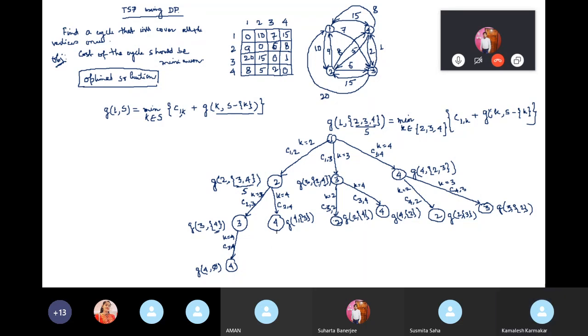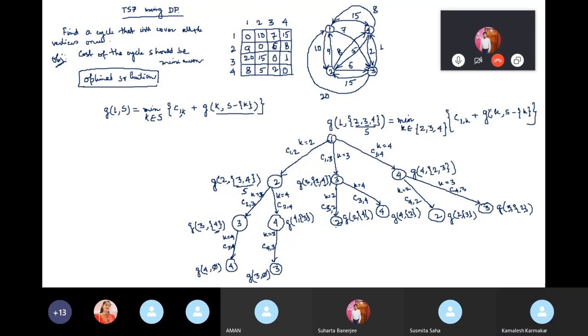Similarly, from this one, what can be the next vertex? Here only k equals 3, because we have only one vertex in this set. So the cost is 4, 3, and the next vertex is 3. The function G will be G of 3 comma null, because 3 is being eliminated from this set.